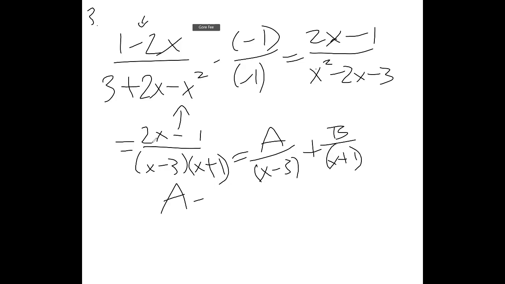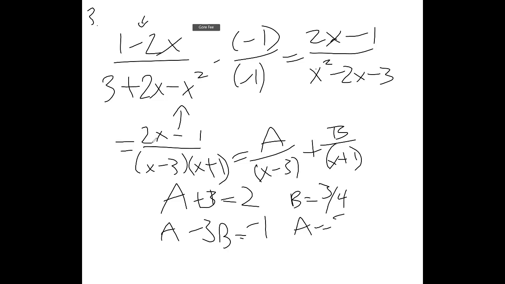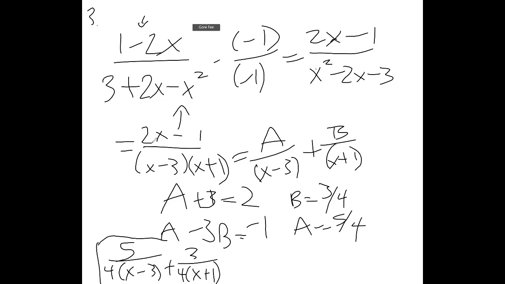So you have that a plus b is 2, a minus 3b is -1. So we find that b is 3/4 and a is 5/4. So our answer is going to be 5 over 4(x - 3) plus 3 over 4(x + 1). If it gives you a fraction, you just put the numerator in the top and the denominator in the bottom.